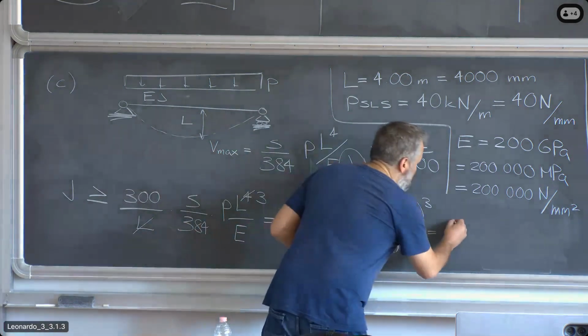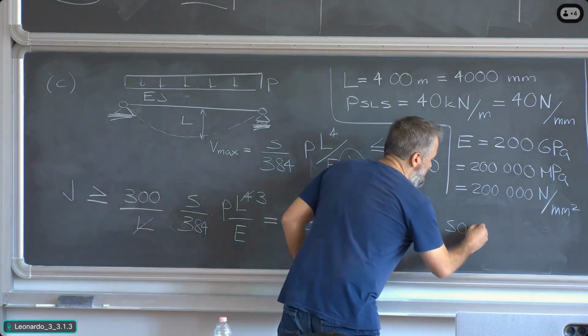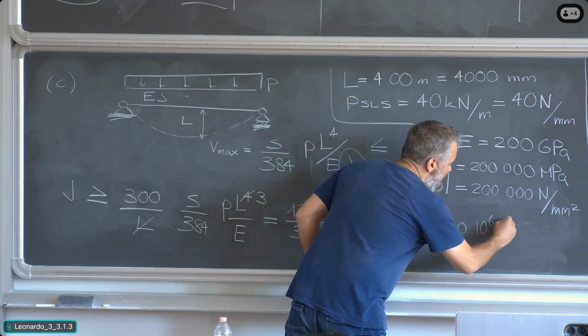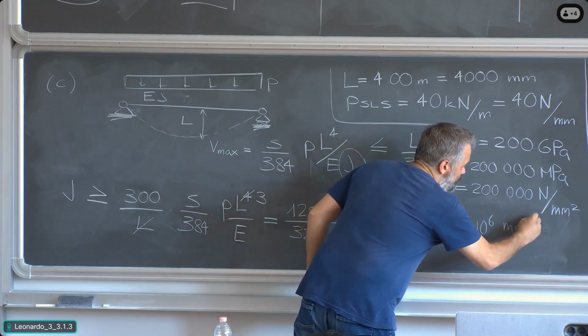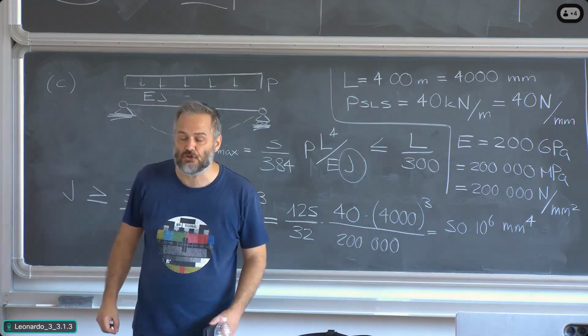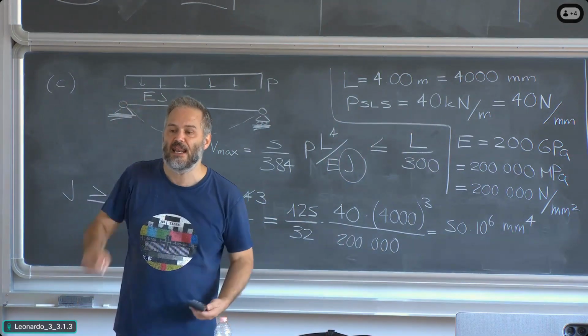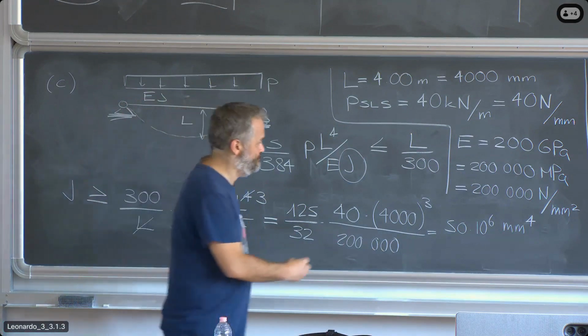This leads to 50 multiplied by 10 to the power of 6 millimeter to the power of 4, which is the unit of measure for a second order moment of area, which is a length to the power of 4.